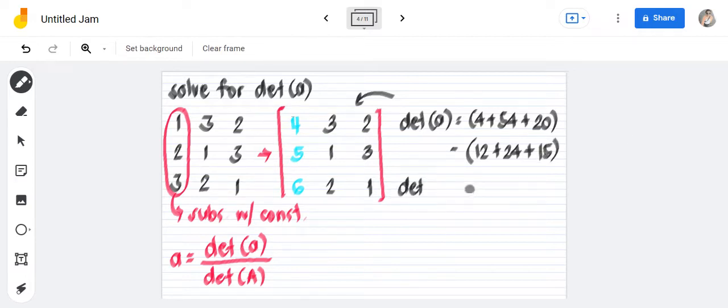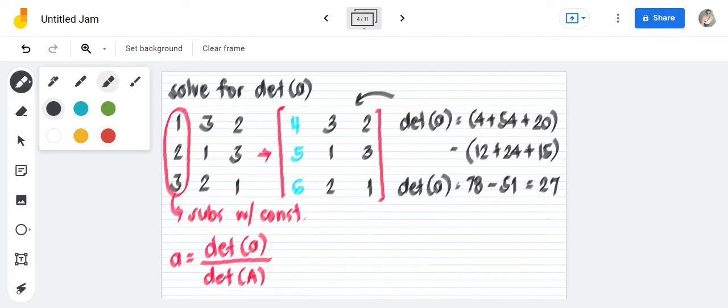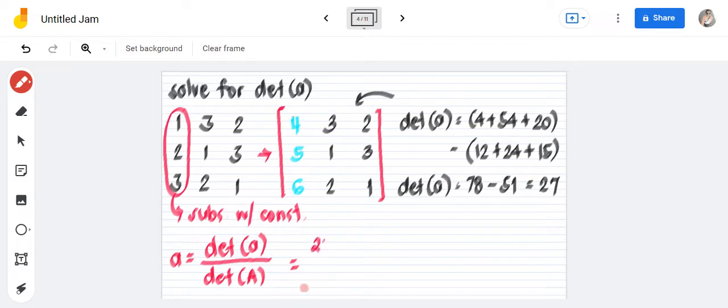The determinant now is equal to 78 minus 51, which gives us a value of 27. So for the value of a, 27 divided by our computed determinant of the coefficient matrix, 18, or 27 over 18, gives us a value of 3 over 2.